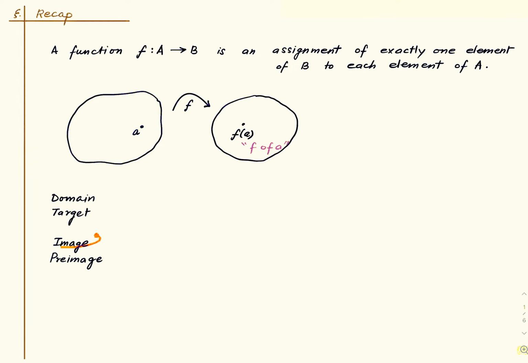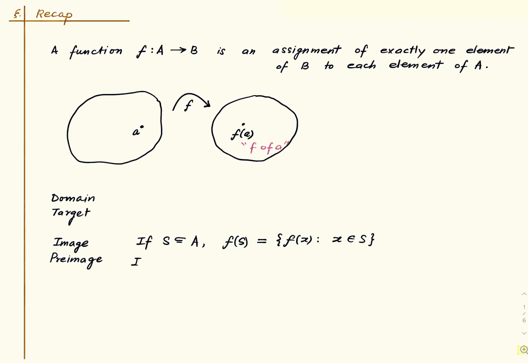Okay, so image: given any subset S of the domain, the f image of S is written this way, f(S), and is nothing but all the outputs that you get as you vary over S. So that's the notion of image. And similarly, we have pre-image.